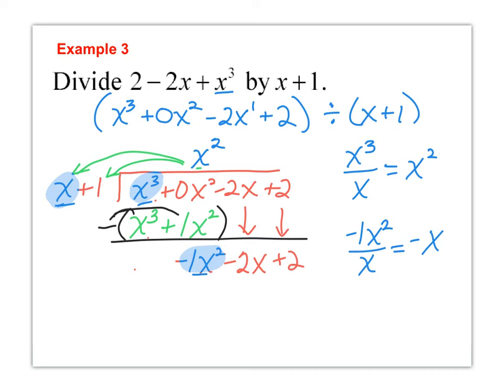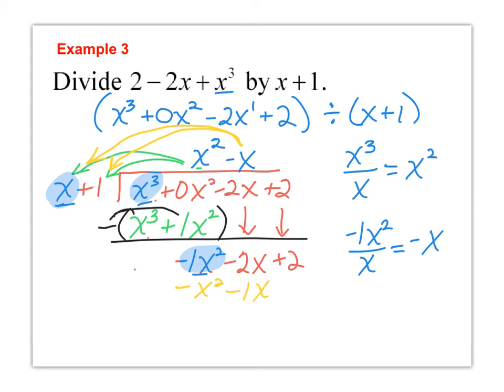We put that result here, and then we're going to be multiplying this negative x times the x and multiplying that by the 1. Negative x times x will give us negative x squared, and negative x times plus 1 gives us a negative 1x.